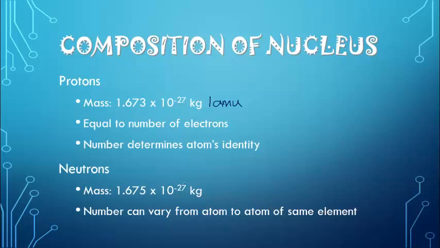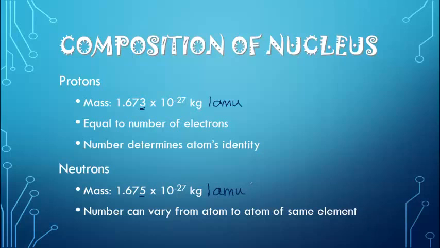As you can see, it's got the same negative 27, and the numbers only differ by this 3 and 5. So relatively the same mass. So again, if we give the neutron a mass, we're going to call it 1 atomic mass unit.